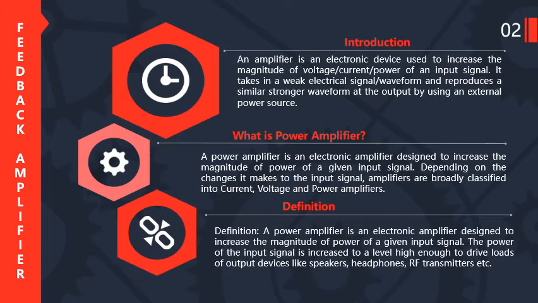The definition of a power amplifier is an electronic amplifier designed to increase the magnitude of power of a given input signal. The power of the input signal is increased to a level high enough to drive loads of output devices like speakers, headphones, RF transmitters, etc.